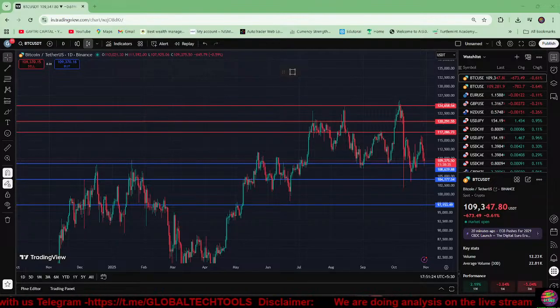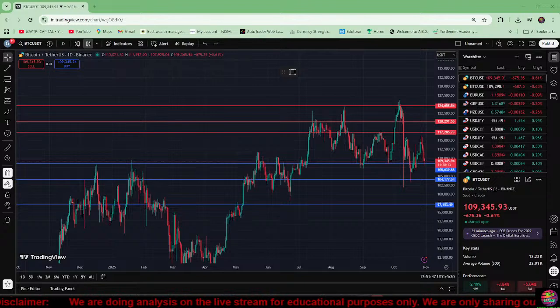So if we were to simply flick down to the 4 hour, so we click this button right here and then it takes us to the 4 hour. You can see it right here as well. Each and every single one of these boxes is now 4 hours, meaning it takes 4 hours for this candlestick to close. And then if I go down to the 2 hour, it's literally the same thing.